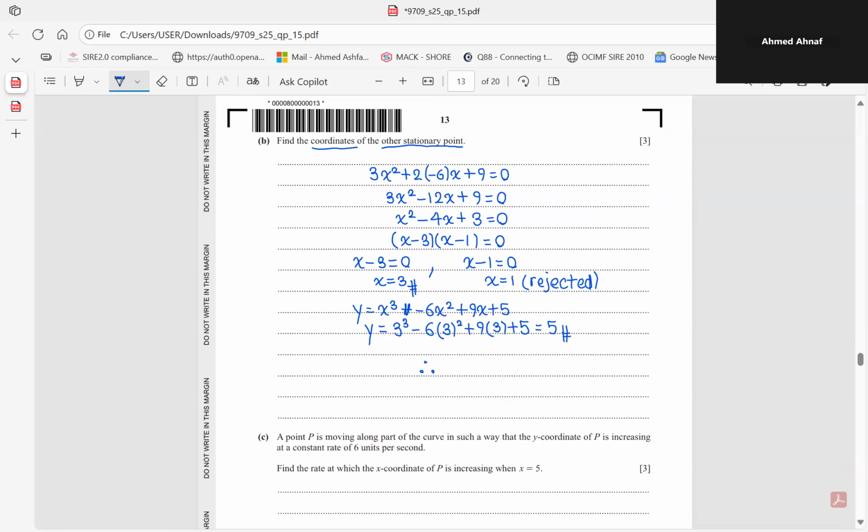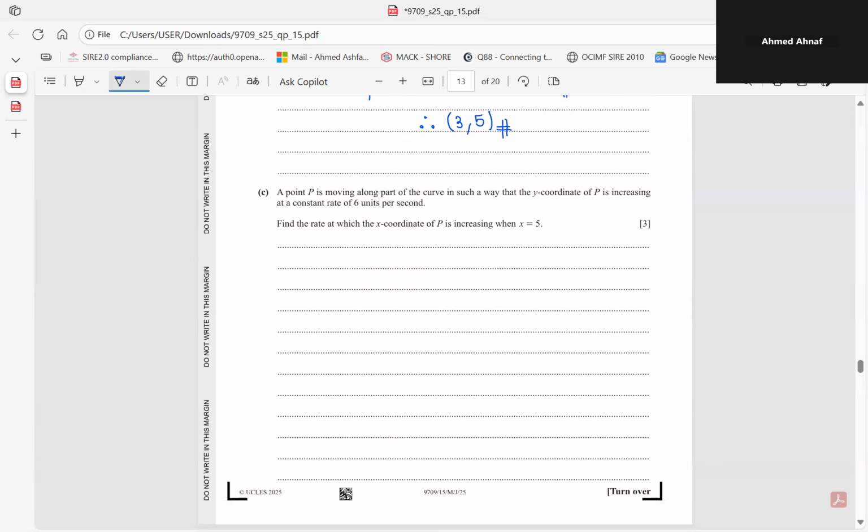Hence, our final answer is (3, 5). So this is our final answer for this part. Let's head on to the next part.